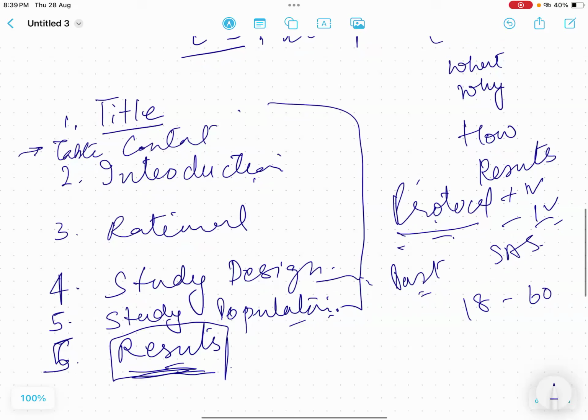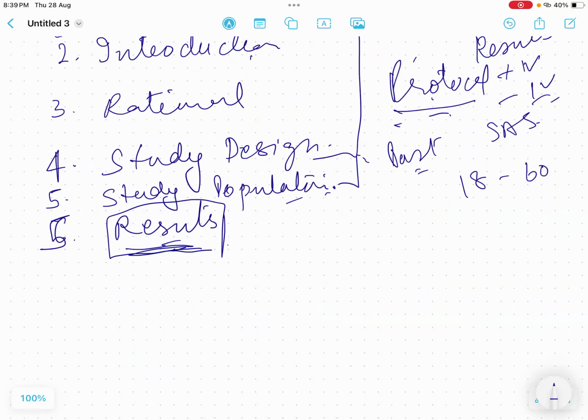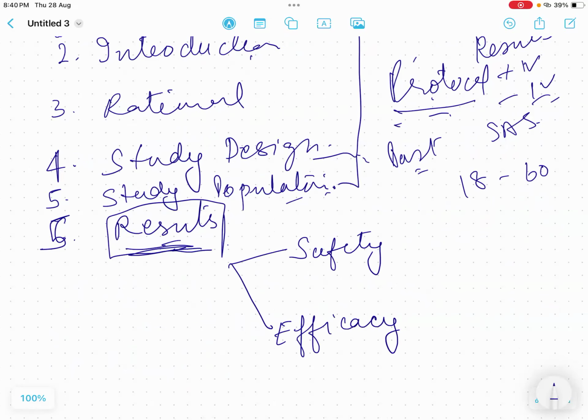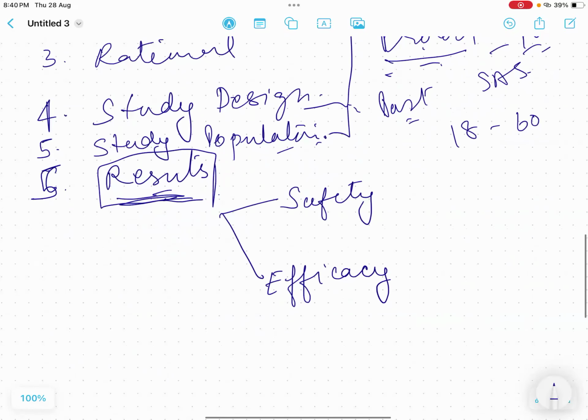Now results in a clinical trial, especially if it is phase 2 or phase 3, we have two sections. One is safety, and another is, any guess, efficacy. Suppose our trial is a phase 1 vaccine trial. What will be safety?